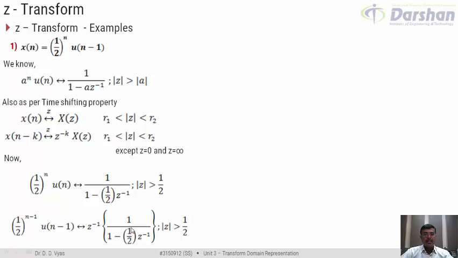As mod z is greater than 1 by 2, it does not include 0 and hence there would not be any change in the ROC. However, we identify that our given x of n is not in this form. What is the difference? We have u of n minus 1 coming here, but we don't have 1 by 2 raised to power n minus 1. In fact, we have 1 by 2 raised to power n.